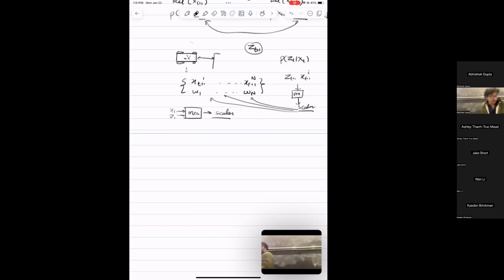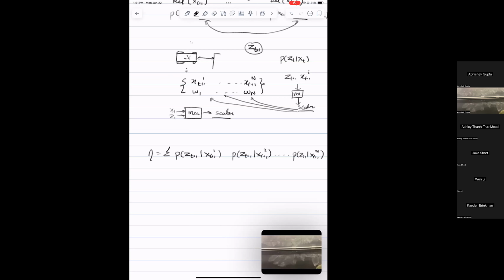And so what you'll get is p of z_{t+1} given x_{t+1}^1, p of z_{t+1} given x_{t+1}^2, all the way till p of z_{t+1} given x_{t+1}^n, right? You have n scalars. Just normalize them, right? So let's call eta the sum of these.